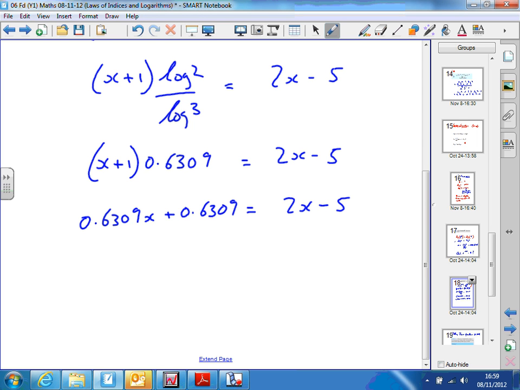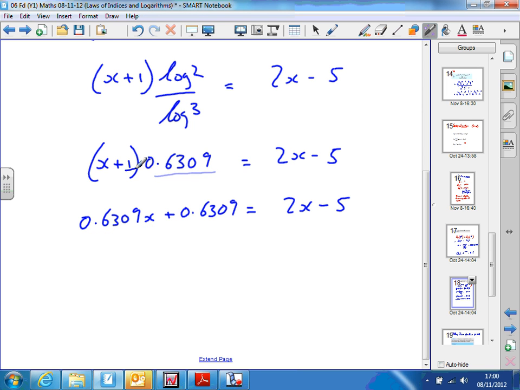We get all the terms involving x on the same side. I multiplied 0.6309 by x to get 0.6309x, and then 0.6309 times 1 is 0.6309. Okay?